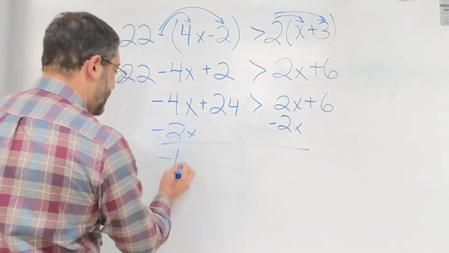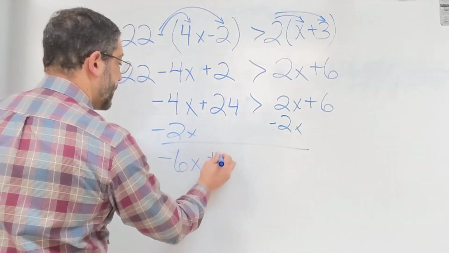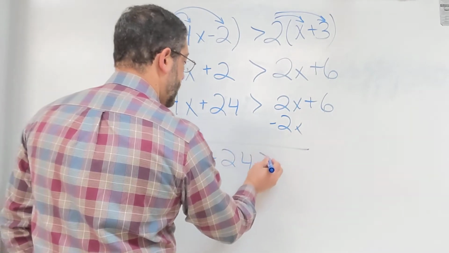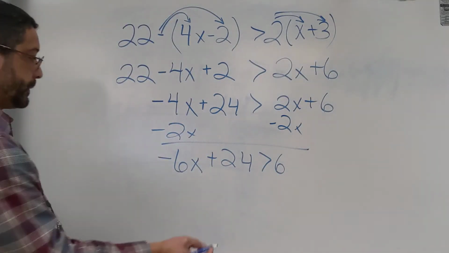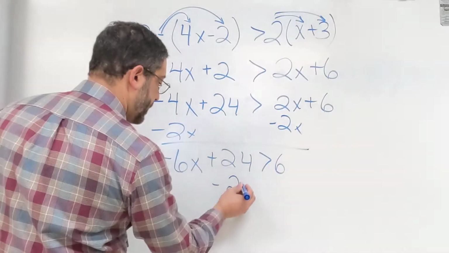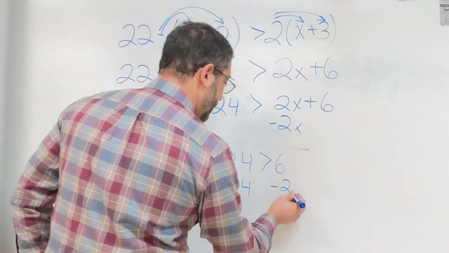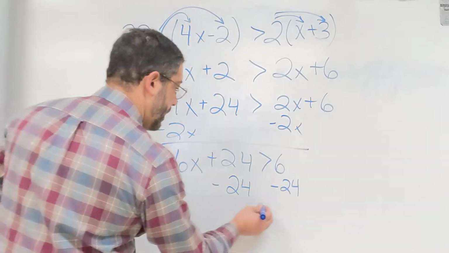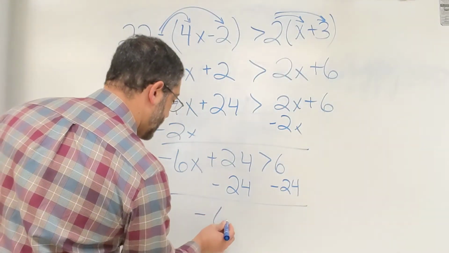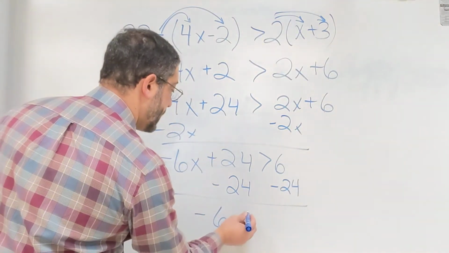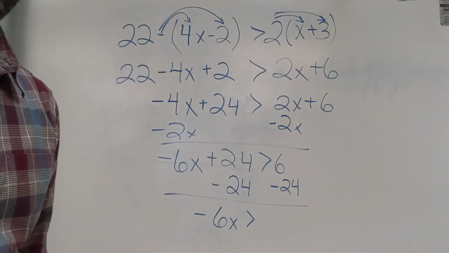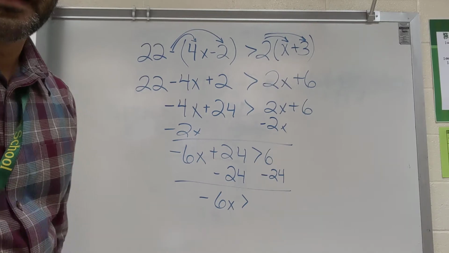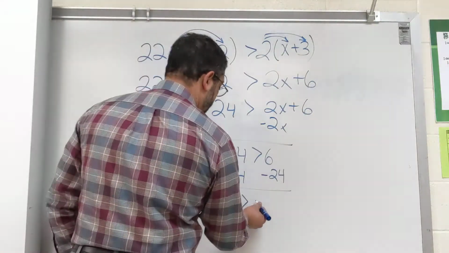So that gives me negative 6x plus 24 is greater than 6. Subtract 24 from both sides. So now I have negative 6x is greater than, so 6 minus 24 is negative 18.